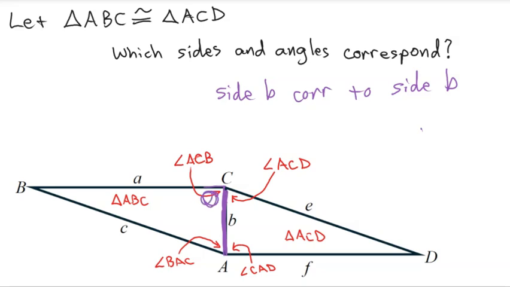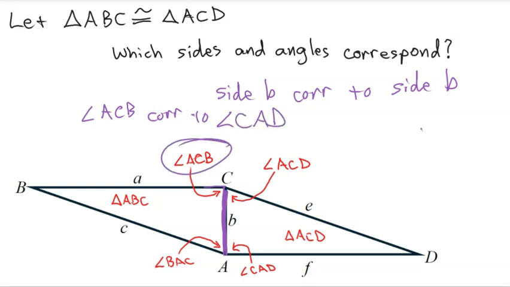And it makes this angle the largest angle in ABC, okay? So this angle corresponds to this angle. And so angle ACB corresponds to angle CAD. ACB corresponds to CAD. And then we can also say that ACD corresponds to BAC. And that's all we have for corresponding parts of congruent triangles.